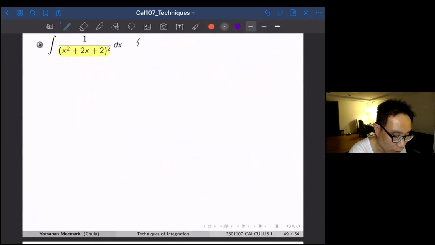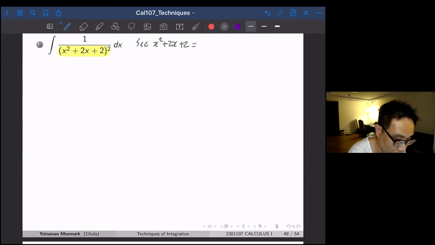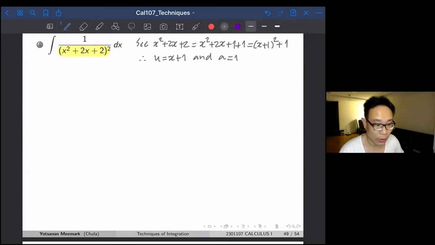The thing that you see turned out to be x squared plus 2x plus 2, and you complete the square, so you get x squared plus 2x plus 1 plus 1, so it will be x plus 1 square plus 1. So you have u equal to x plus 1 and you have a equal to 1.